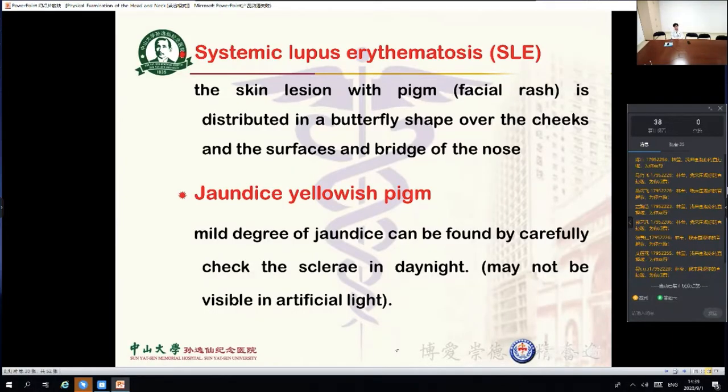And other signs I would like to introduce is systemic lupus erythematosus, SLE. The skin lesions with the pigmentation, like facial rash, is distributed in a butterfly shape over the cheeks and the surfaces and the bridge of the nose.